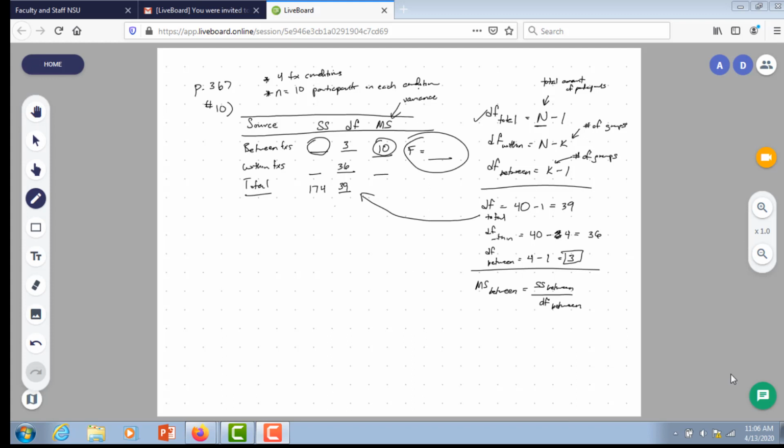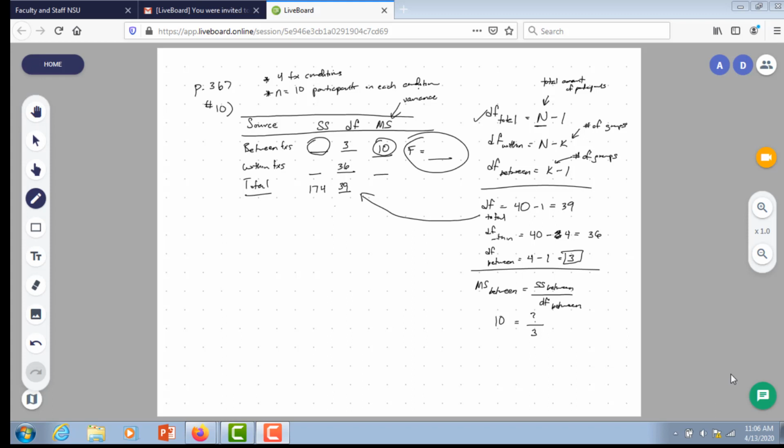Now, in our particular case, given the answer that was provided to us in this example and the answer that we calculated, that being the degree of freedom between, we already have the mean squares between, which is 10. The sum of squares between is still a question mark, and we have degree of freedom between, which is 3.